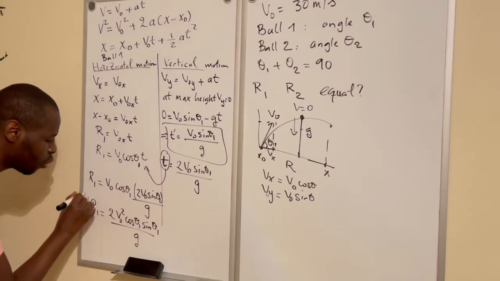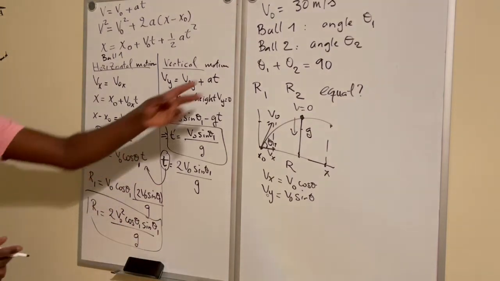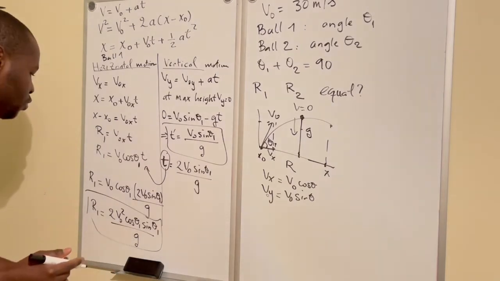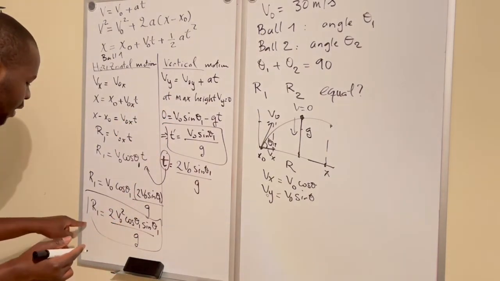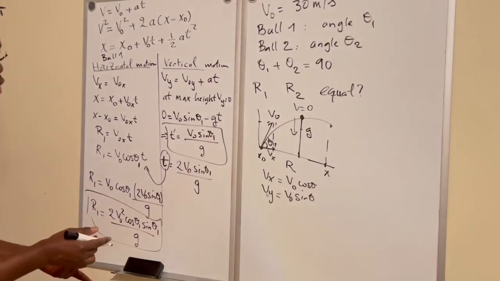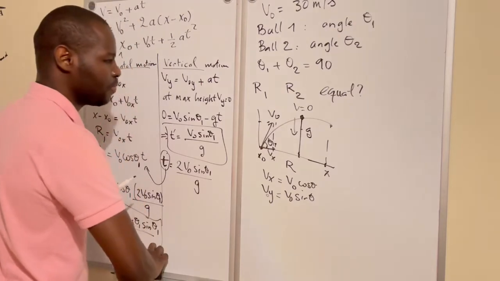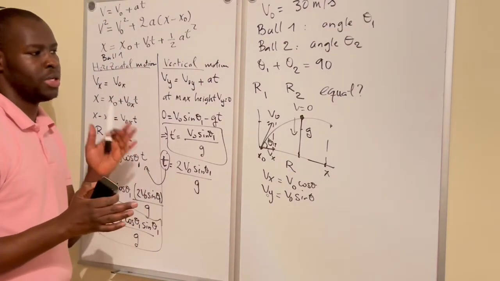Now this is R1. Of course V0 is going to be 30 meters per second, you can substitute that. But now we need to verify if R2 will actually equal R1 to answer the question. So again, to recap, the question is, will R1 be equal to R2?